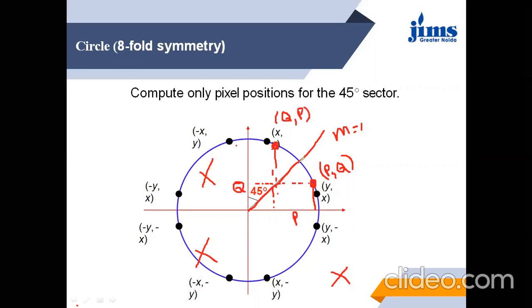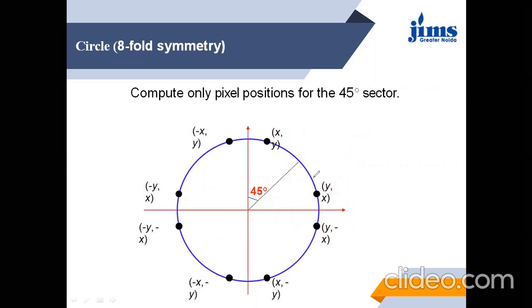Let me take an example now. Suppose this is a point whose coordinates are 5 and 3. The radius is, for example, 7.